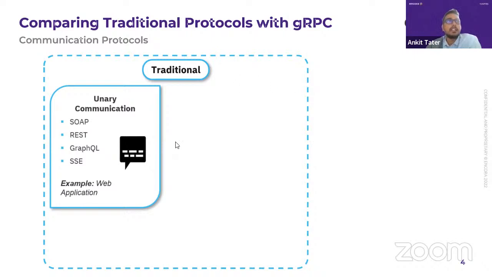So in history, the first protocol which was built was SOAP. SOAP was one of the oldest web API protocols that remain in widespread use. It was introduced in the early 90s and is still being used in many enterprise applications. SOAP was one of the first protocols designed to allow different applications or services to share resources in a systematic way using network connections.